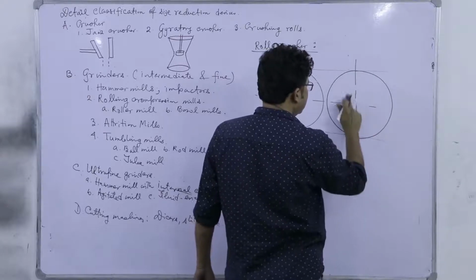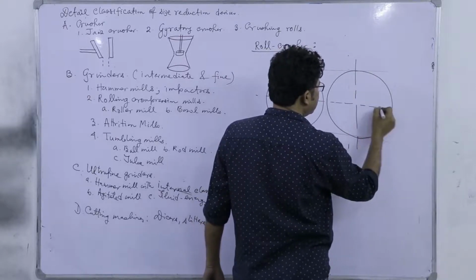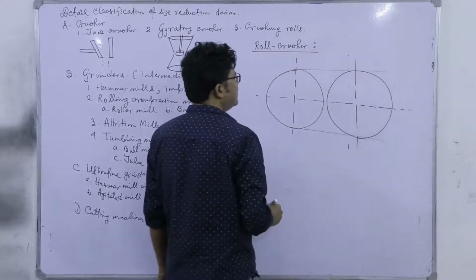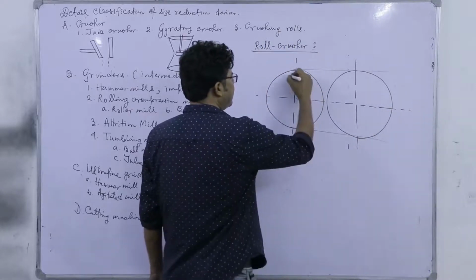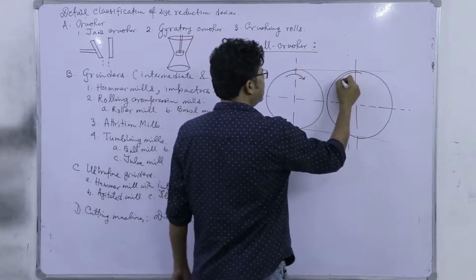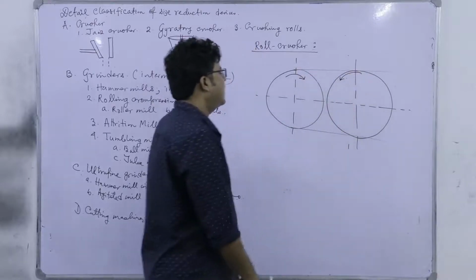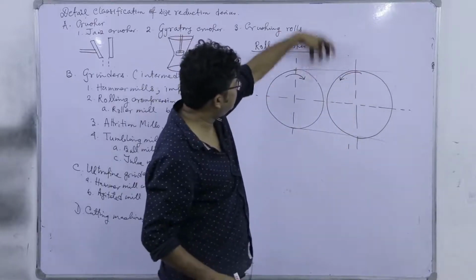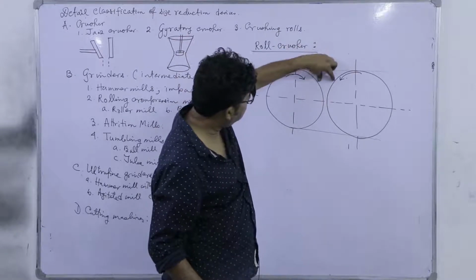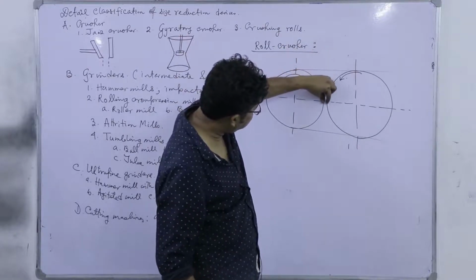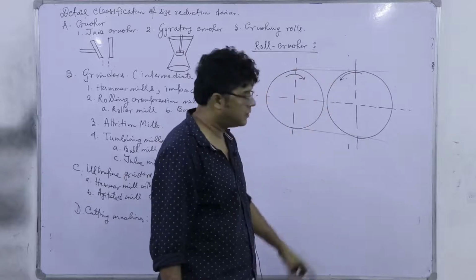They rotate towards each other in this direction, and you can see that you give the feed here and the feed will be compressed and crushed, and as it is crushed it moves through the gap.